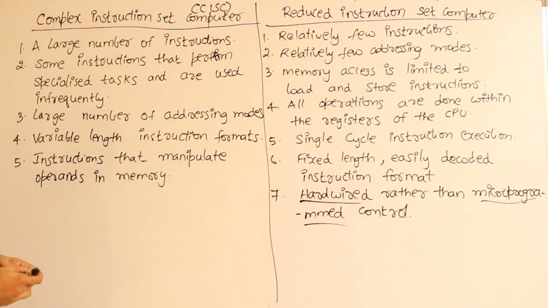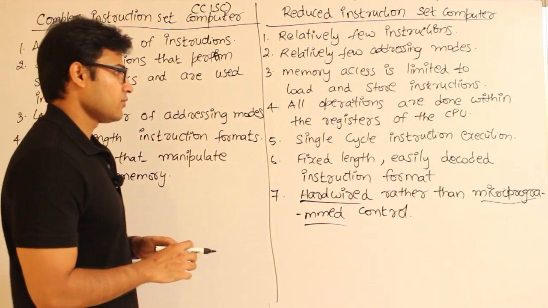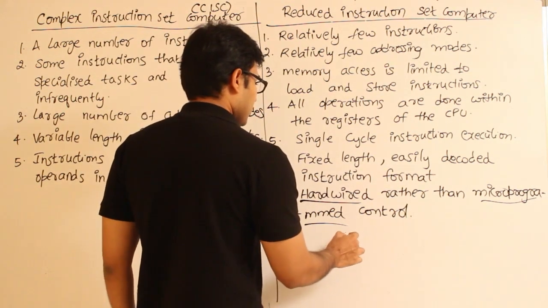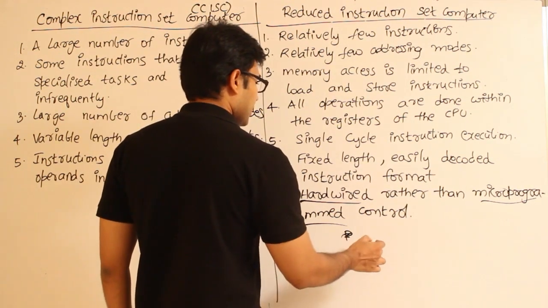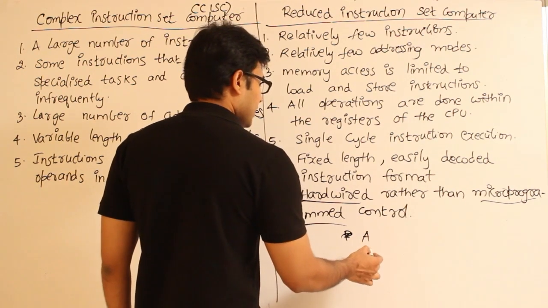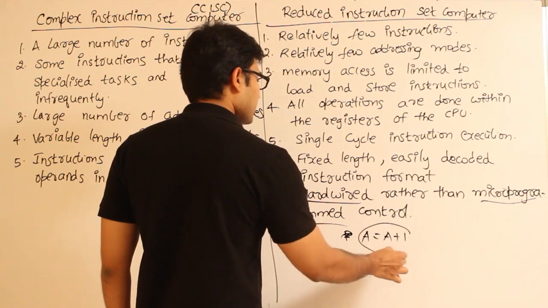Or if you want to understand it in a vague manner, maybe you can think of it like this. Let us say you have a register A, and it has to be incremented by 1.